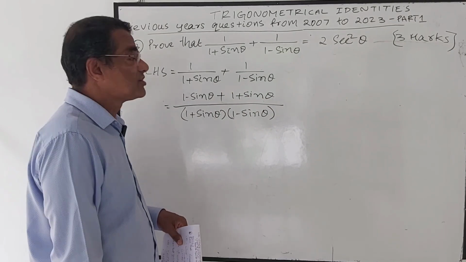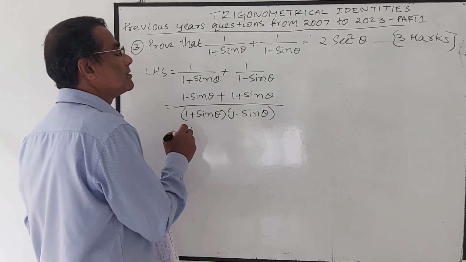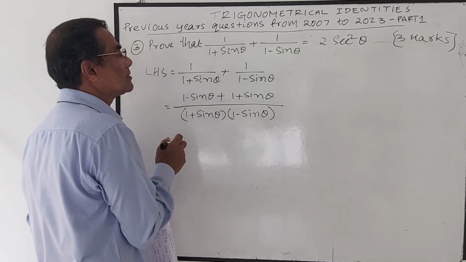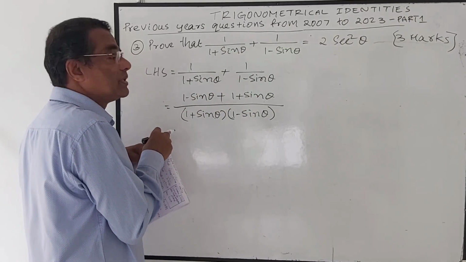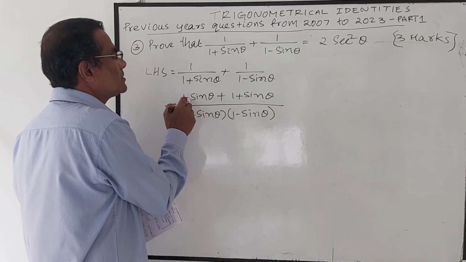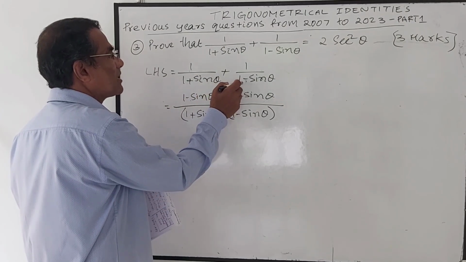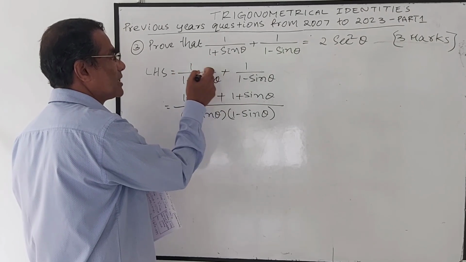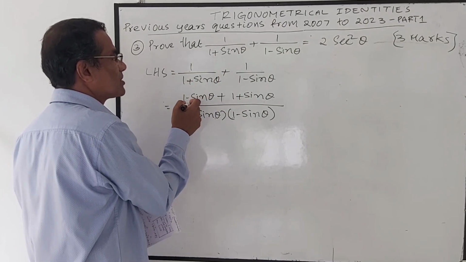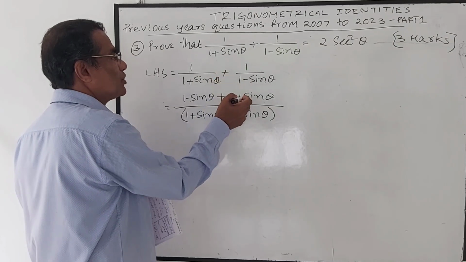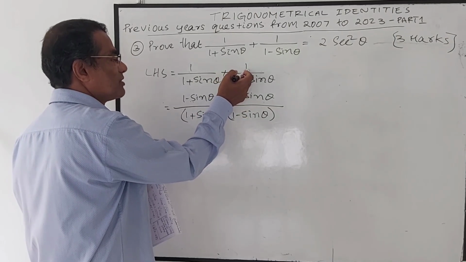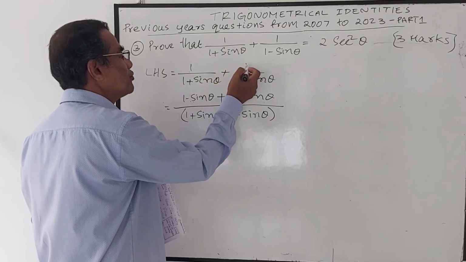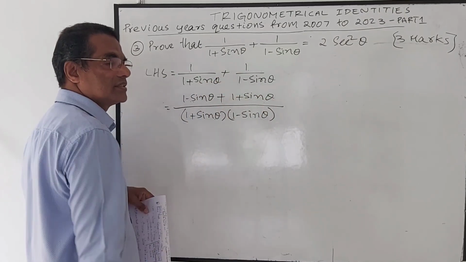In another way I can say, if you are taking the common denominator by multiplying the denominators, then the numerator at this position will be multiplied by this denominator, so 1 minus sin theta, and the numerator at this position will be 1 plus sin theta into 1, so that is 1 plus sin theta.